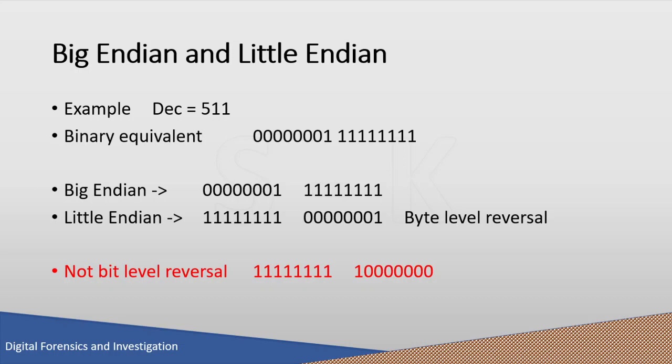If we want to store the same data in the Little Endian format, then the 8 ones will be stored first in the lower address and then the 7 zeros and 1. Here you can see that we have reversed the order of the bytes, not the bits inside the byte. It is very important to remember that the byte order will be changed, not the bit order.